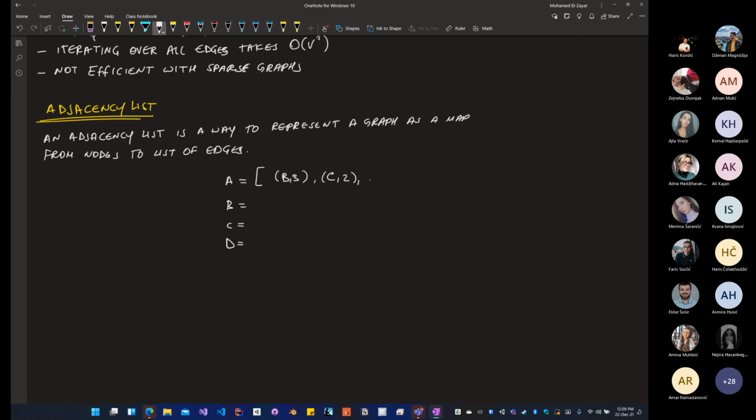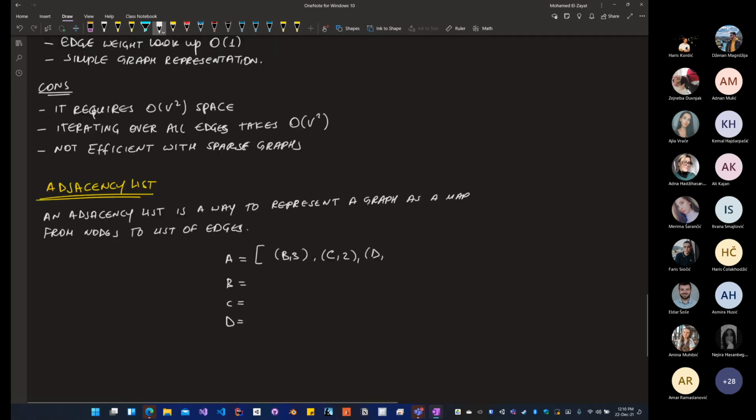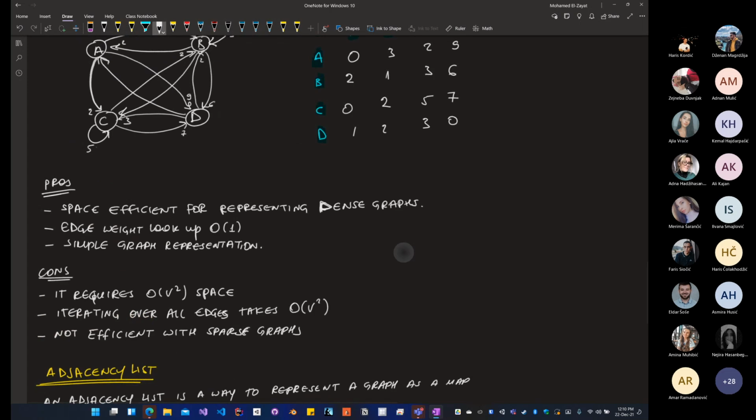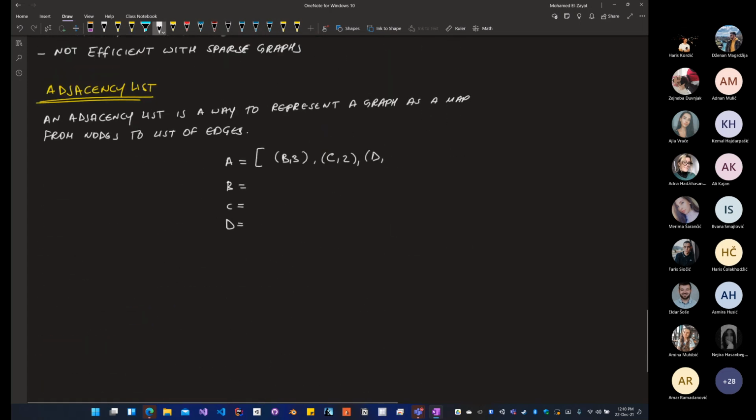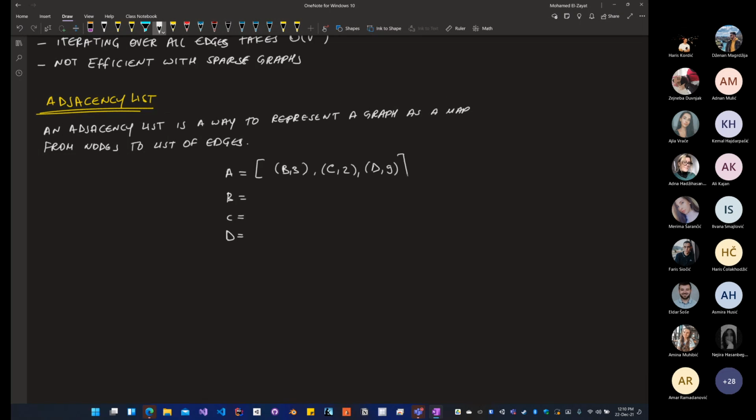And then you have D with a weight of 9, and this concludes A. I will fill in the rest arbitrarily. For example, you could have A with 2, D with 3, and end of story.